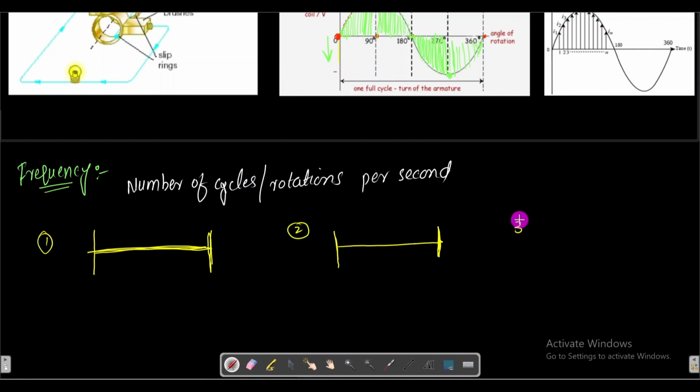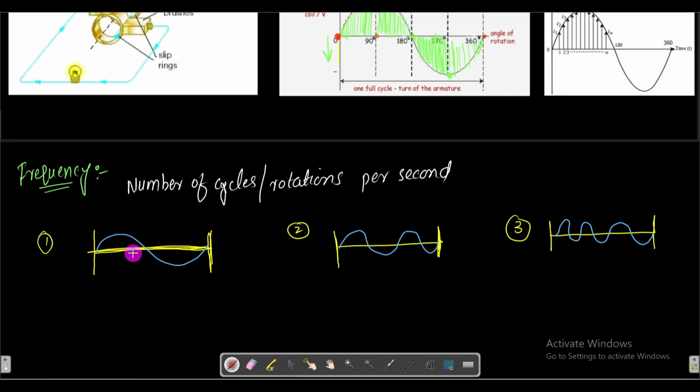In the first case, one cycle is completed in 1 second. In the second case, 2 cycles are completed in 1 second, and in the third, 1, 2 and 3 cycles are completed in 1 second.